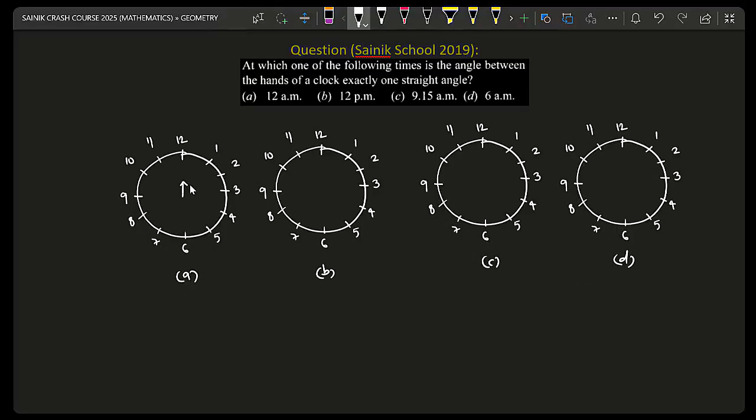The minute hand also shows 12. That means they are coinciding with each other, right? So what is the angle between these two hands now? Is it a straight angle? Wrong answer.